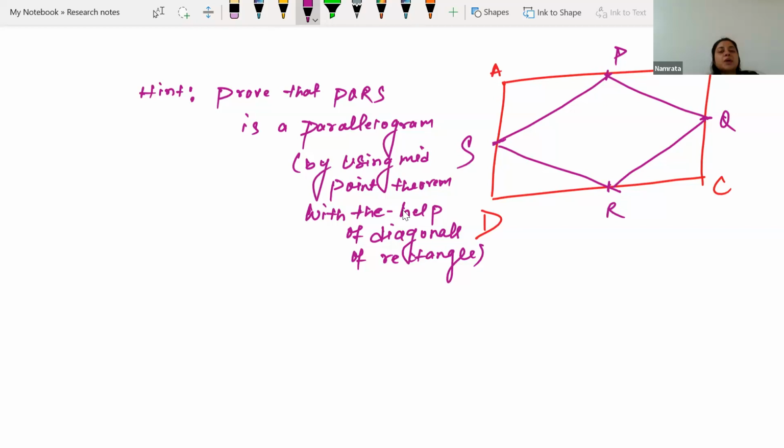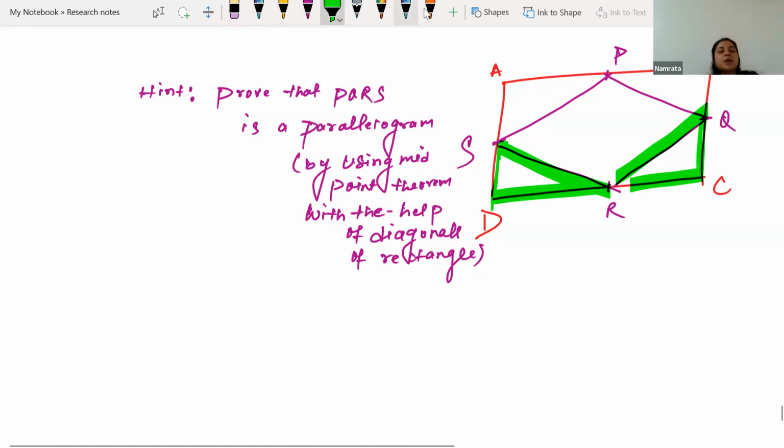Now our next thing is, either this triangle with the parallelogram, that means you have already proved that PQRS is a parallelogram where opposite sides are parallel and equal with each other.